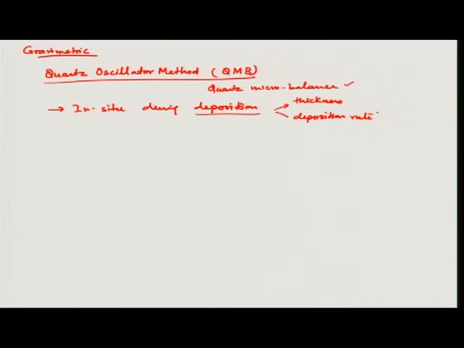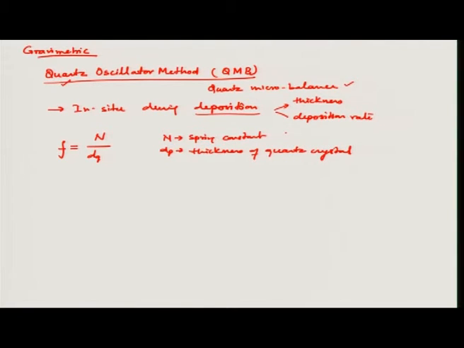Now, this method works on the principle of natural vibrational frequency of quartz. So, the vibrational frequency of quartz can be given by N over dq. Here N is a spring constant, and dq is the thickness of the quartz crystal.